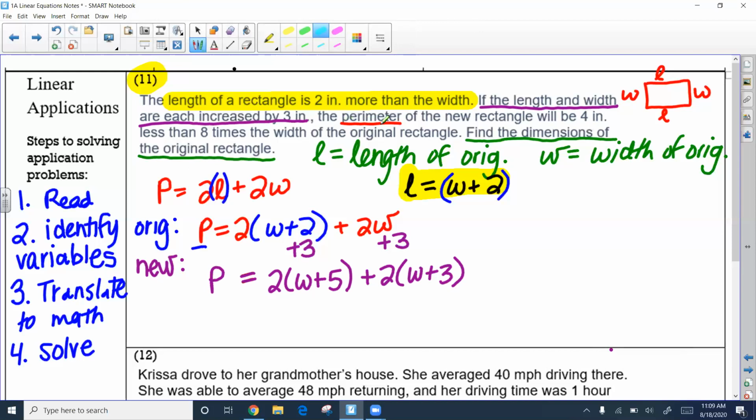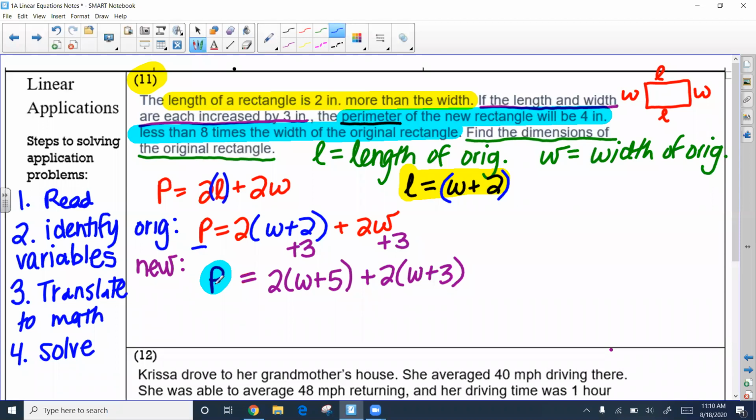The perimeter, so here's the perimeter. The perimeter of a new rectangle will be 4 inches less than 8 times the width of the original rectangle. So the perimeter, this side, is going to be replaced with 4 inches less than 8 times the width.